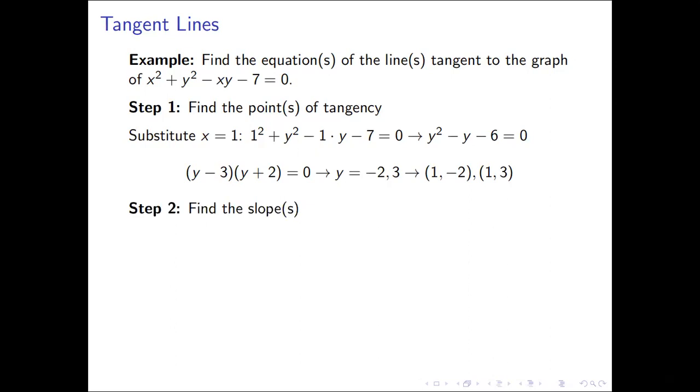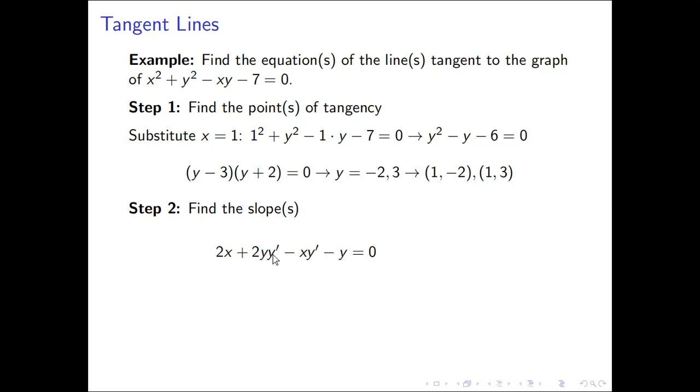So step 2, find the slopes of the tangent lines. First, find the derivative implicitly. Let me just explain how this was arrived at. We differentiate term by term. Differentiating x squared, that's 2x with respect to x. Differentiating y squared with respect to x, chain rule, 2y.